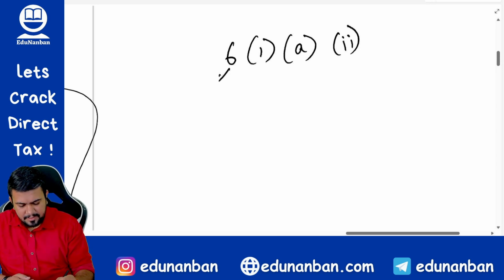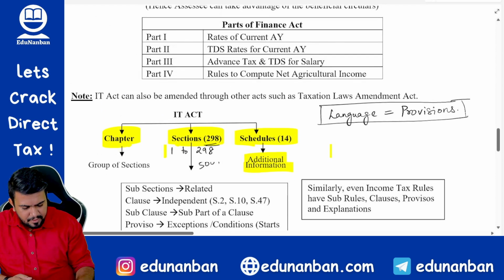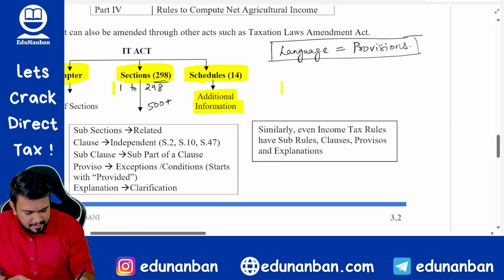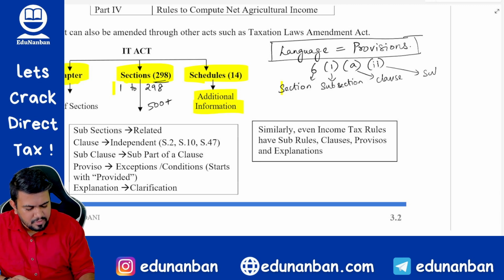You can write it in your notes also. Please come to your notes. I want you to write here 6 1 A 2. So this will be called section 6, subsection 1, clause A and subclause 2.